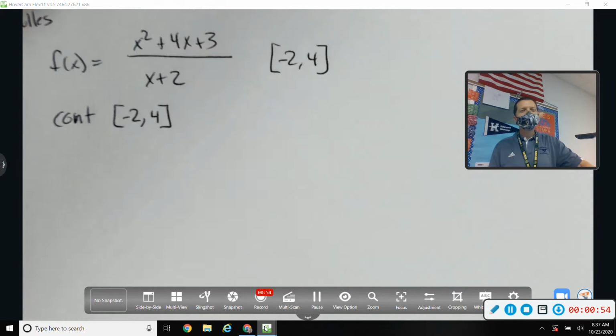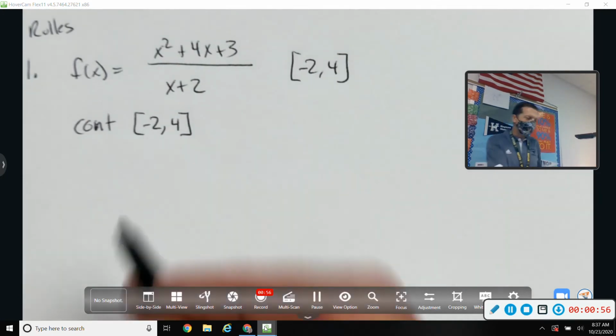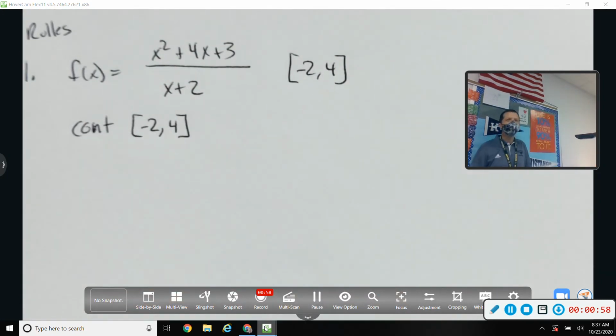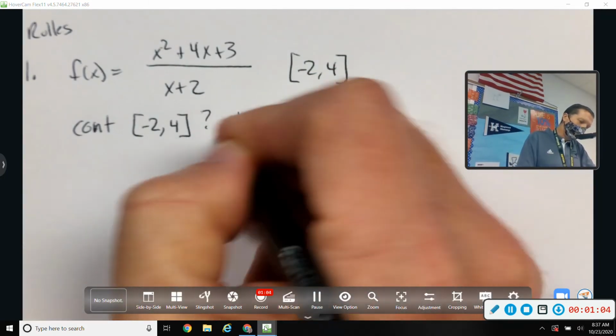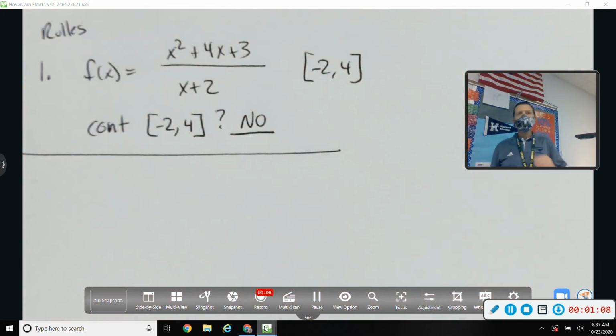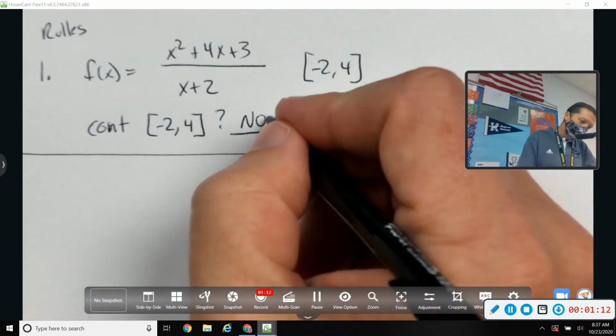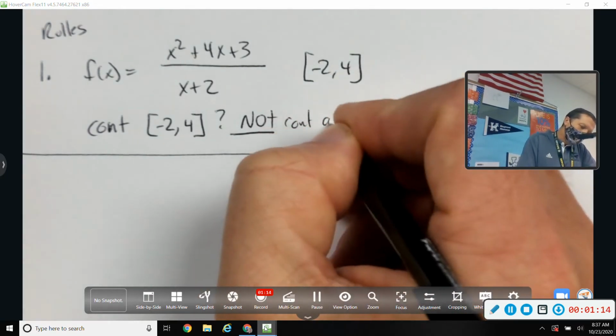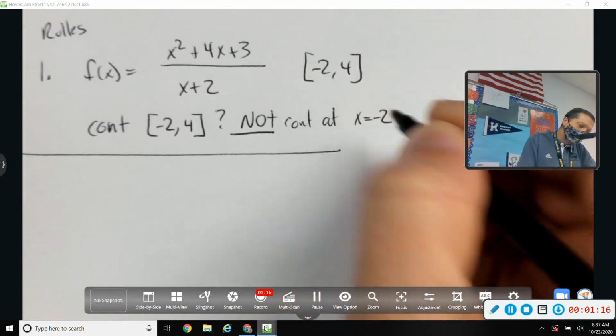No. If we plug in negative 2, and closed means we have to include negative 2, we have a problem. We can't divide by 0. So we can't use Rolle's. So this problem is done. We like those. We have nothing more to do on that one. Not continuous at x equals negative 2.